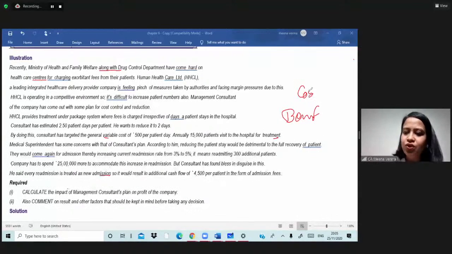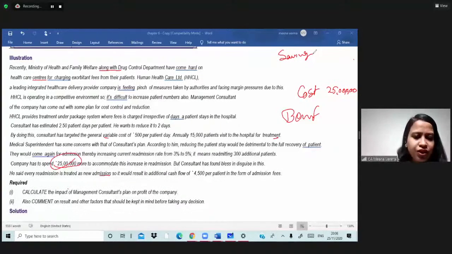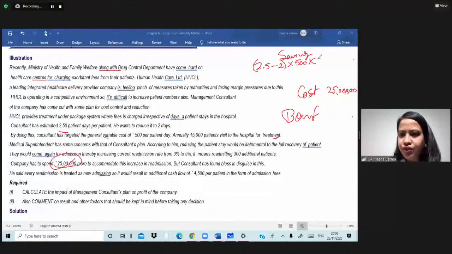The cost for the purpose of implementation is this, and the saving the organization is having is 2.5 minus 2 into 500 into 15,000.